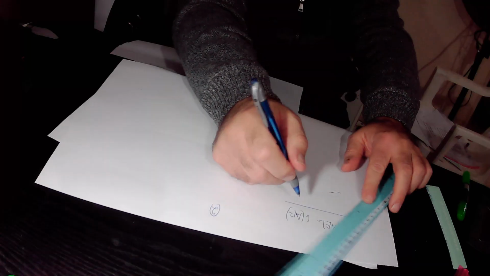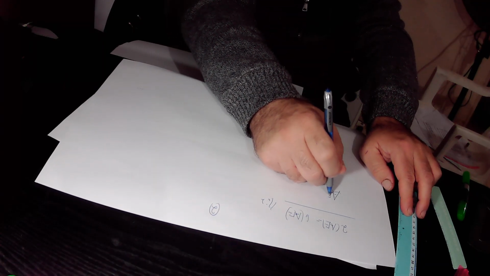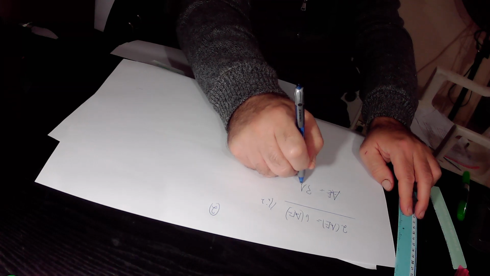Here we divide this equation by 2. So we get that AE equals 3 times AF.